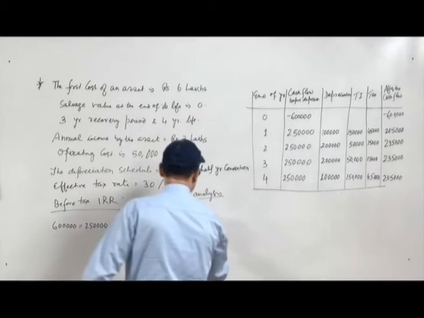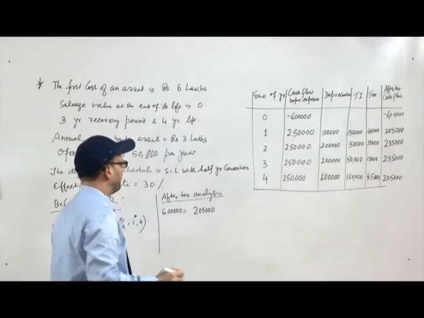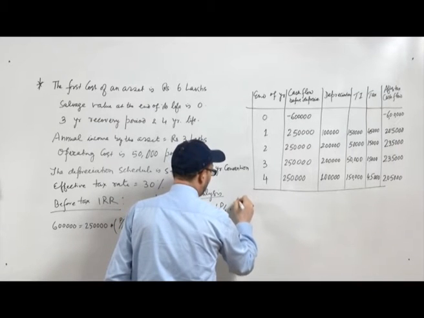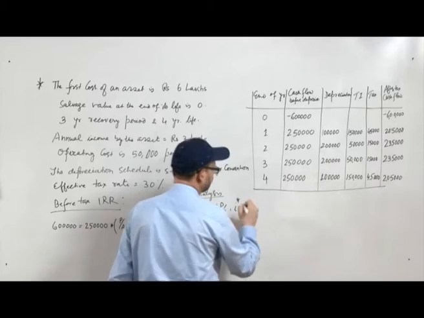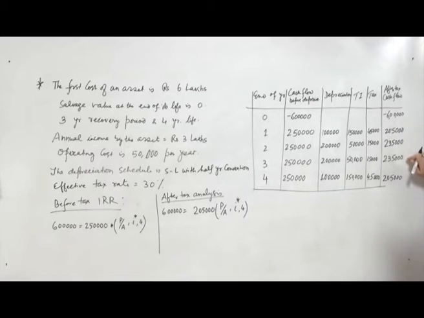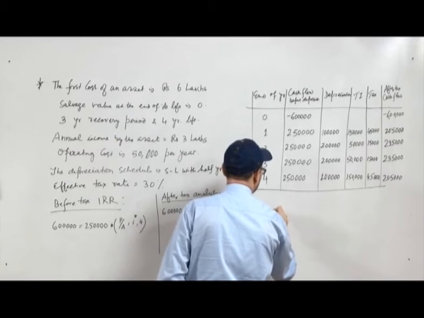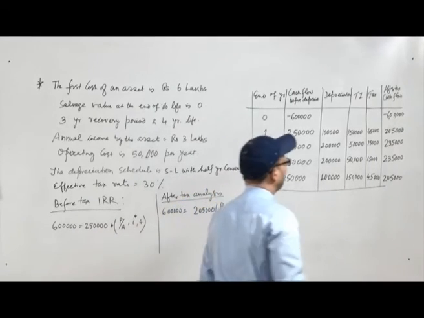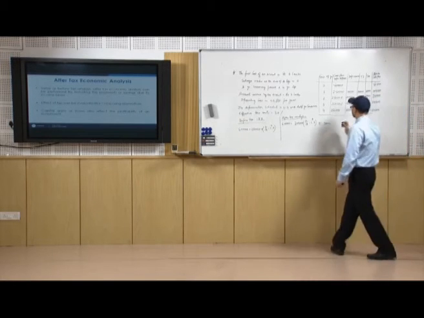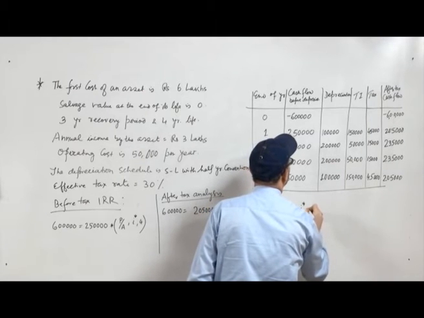So, 2,05,000 multiplied by P/A, i*, 4, then you have 30,000 for these 2 years, so you get 30,000 multiplied by P/A, i*, 2.